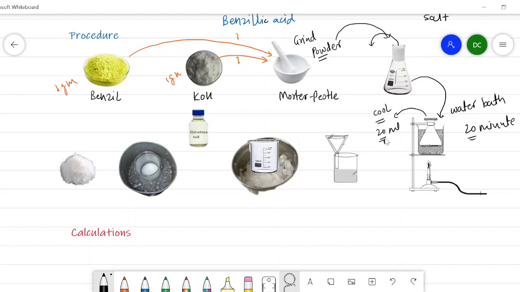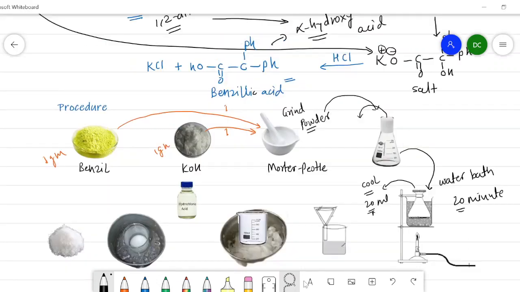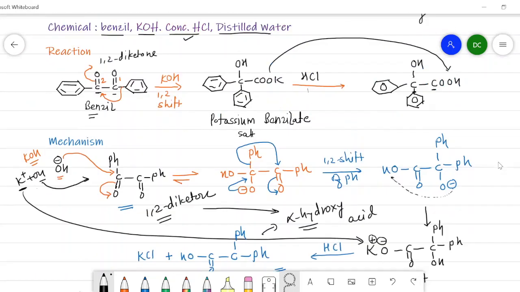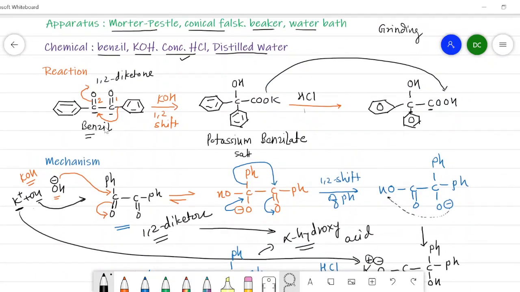When the water is added, look at the first step in the reaction. When benzil and KOH are heated together, there is formation of a salt. So when we heat this mixture for about 20 minutes, we get potassium benzilate, that is the salt, and salts are soluble in water, we know that.